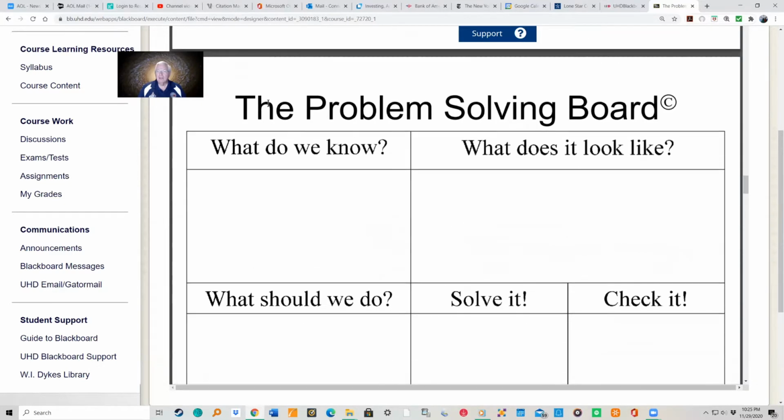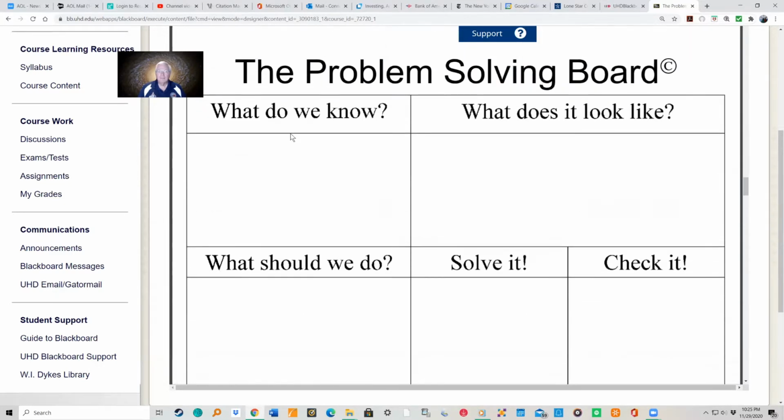So let's take a look and see what it looks like. Here's the problem solving board. And you'll notice that it consists of some areas where we can record our work. So yes, it's a framing device. It frames out different questions and different approaches, and it gives you a place to work.